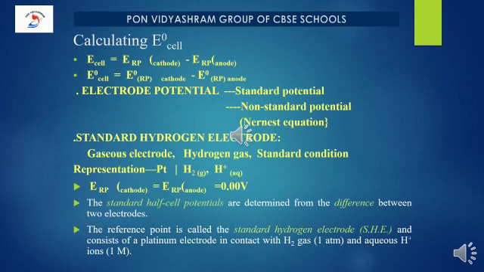Means the temperature should be 298 Kelvin, pressure should be 1 atmosphere and concentration of the electrolyte should be 1 mole per liter. Then instead of ERP, it will be mentioned as ESRP, that is standard reduction potential.